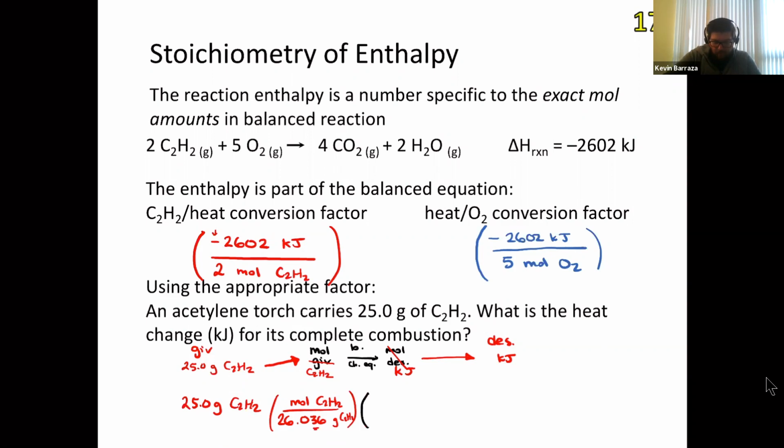And now, what we just determined, I need to go from moles of my given, C2H2, to desired kilojoules: minus 2602. So minus 2602 kilojoules is 2 moles of C2H2.